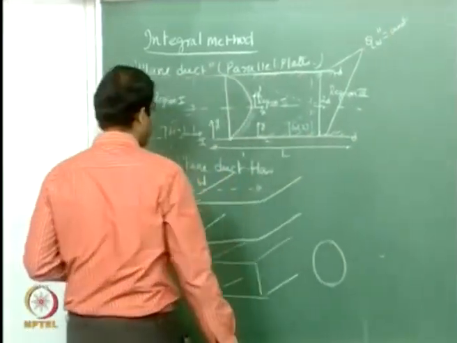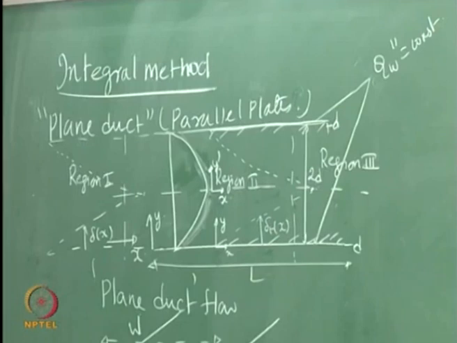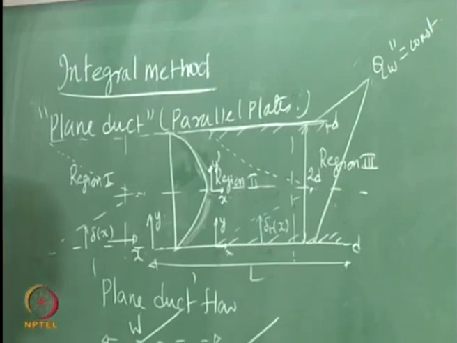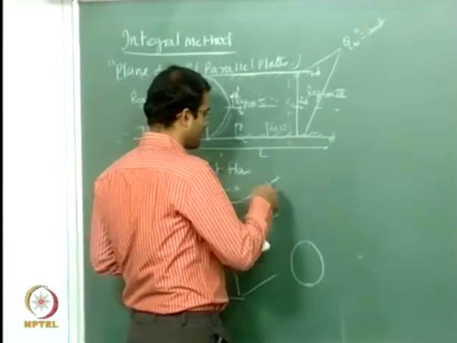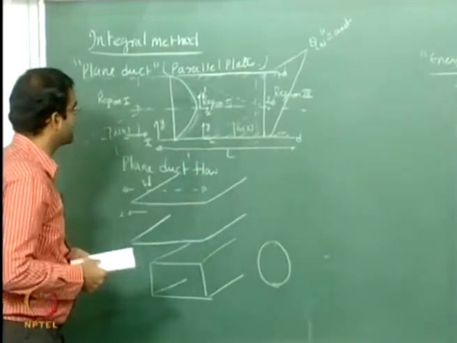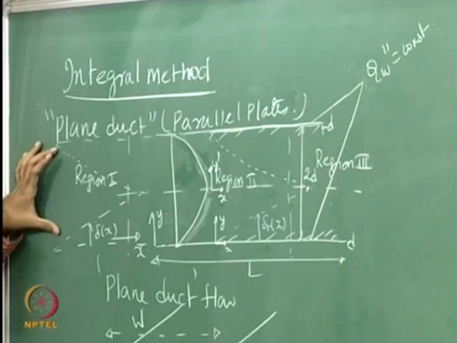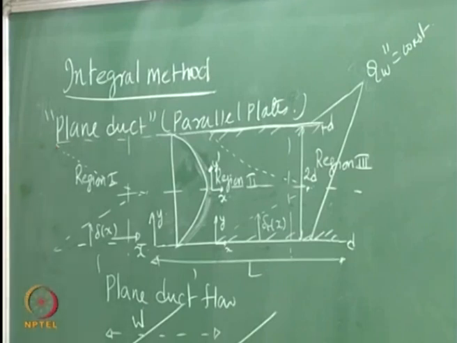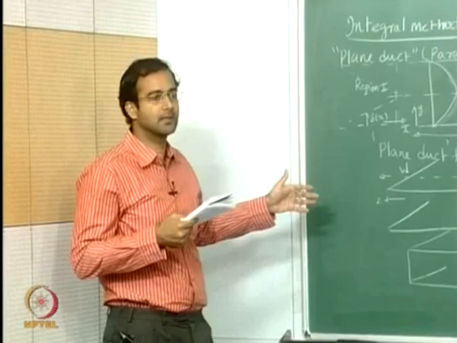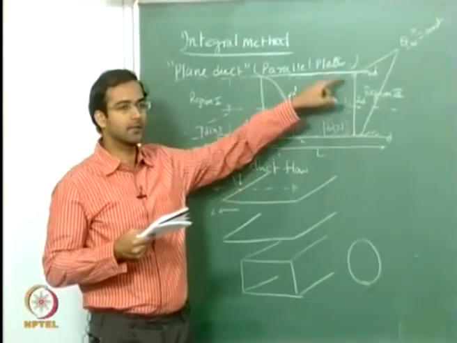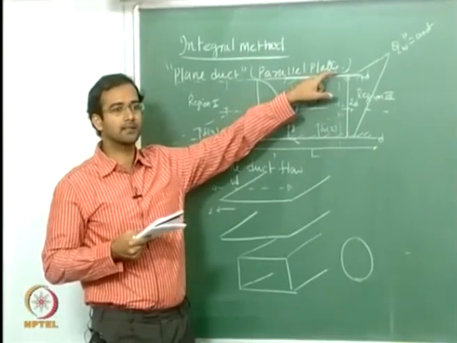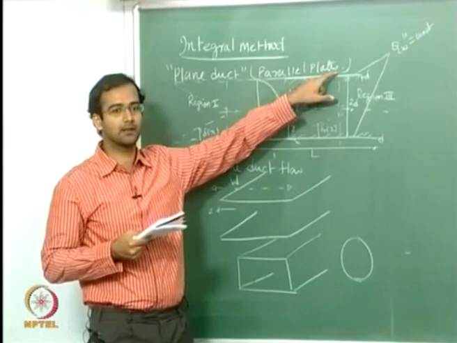Now when I define my non-dimensional variables, whether I use Reynolds number or Nusselt number, in the case of plane duct flows it is common to use the hydraulic diameter or the equivalent diameter, although it does not have any cross section in the z direction. This is just a spacing between the plates, so you have to write this in terms of the equivalent diameter.